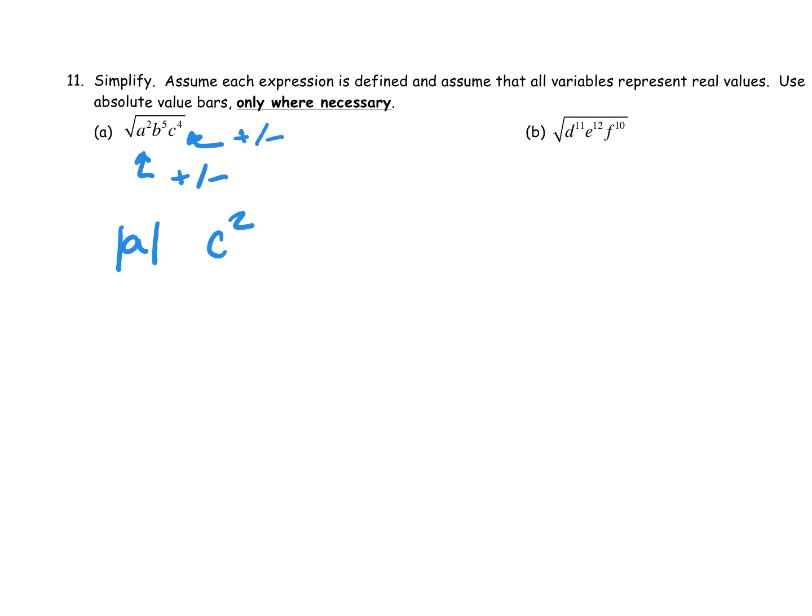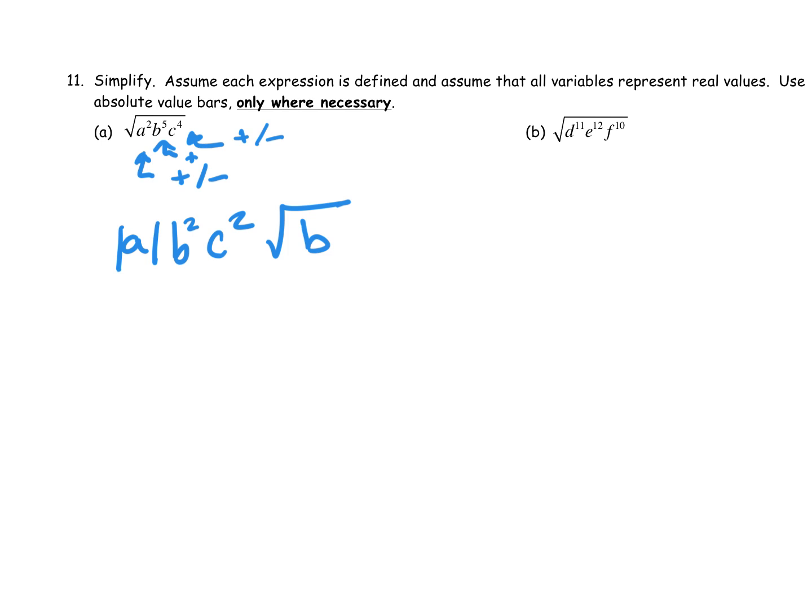Because I'm taking a square root here, I have to be taking a square root of only positive, so this has to only be positive. Then I think, how many perfect squares are in there? There are 2 pairs, so it comes out as B squared, which by the way makes it positive anyway. And then left inside is a single B, because it didn't have a pair to come out.